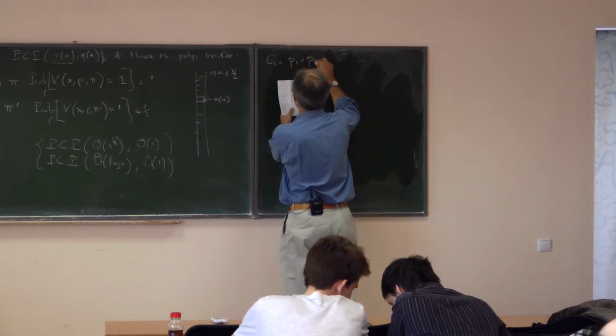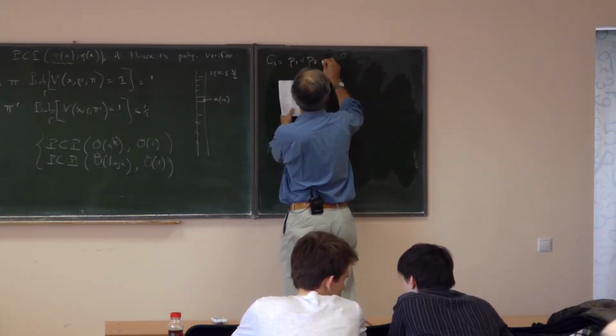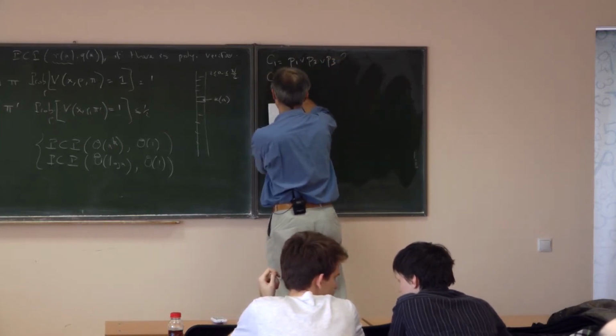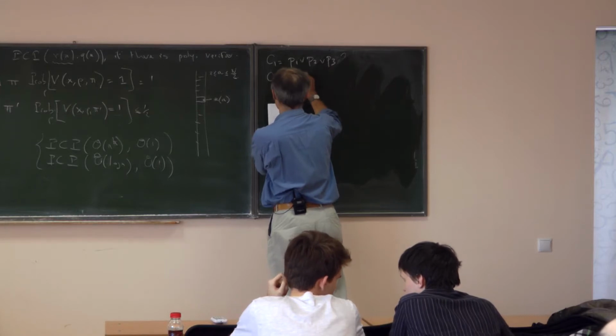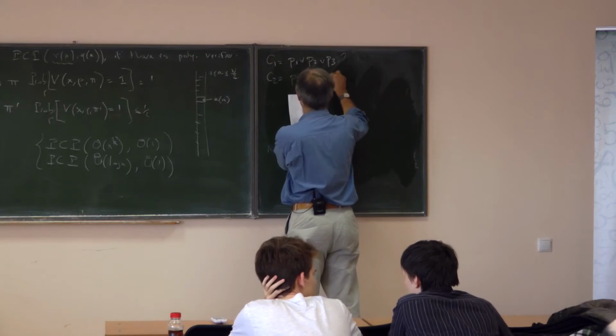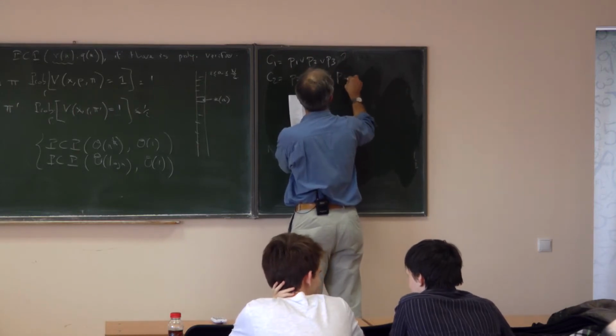So I have first clause C1: P1 or P2 or P3. C2 is P2 or P3 bar or P4.